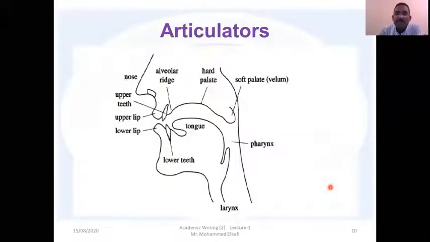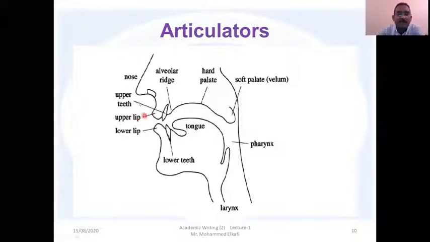Here we have a diagram that explains the articulators, or the human organs of speech that participate in the production of speech sounds. First we have the lips, the lower lip and the upper lip.